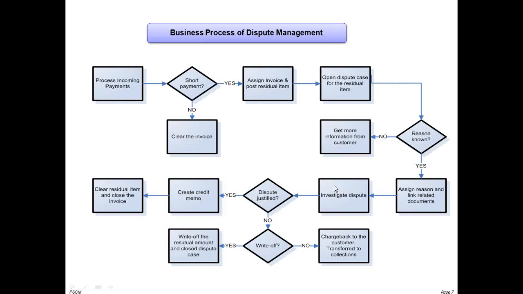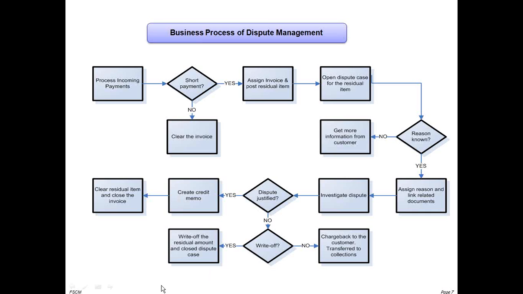Based on this dispute case, you are going to contact the business partner for a reason for the underpayments. This again depends on the justification from the business partner, or whether there is any issue either from our side, in the sense the client, or from the business partner side.